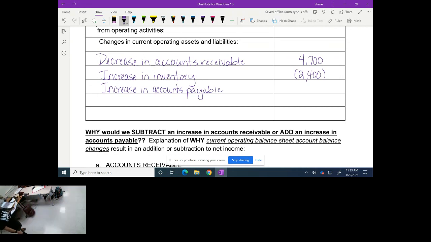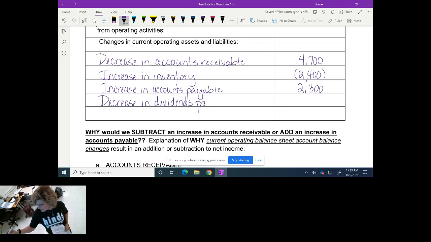If our accounts payable increased, we've got expenses recorded we haven't paid for yet. So what will we do with that? Add it. All right, and then the last one is a decrease in dividends payable. How do you decrease dividends payable?